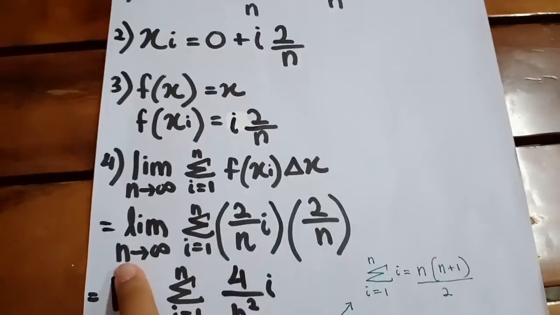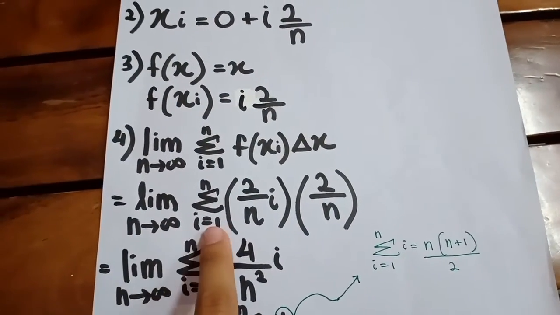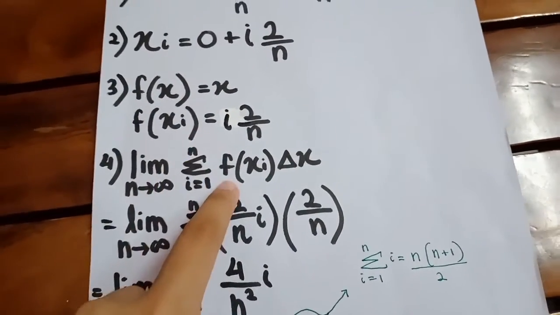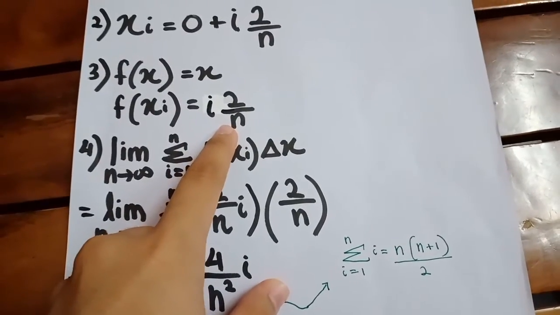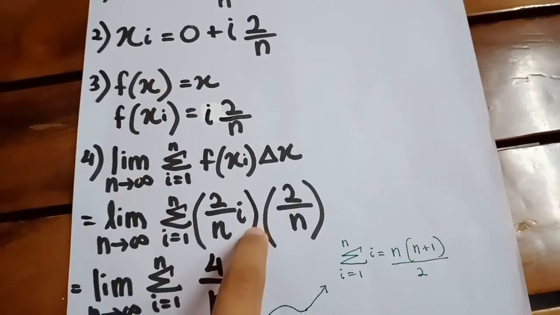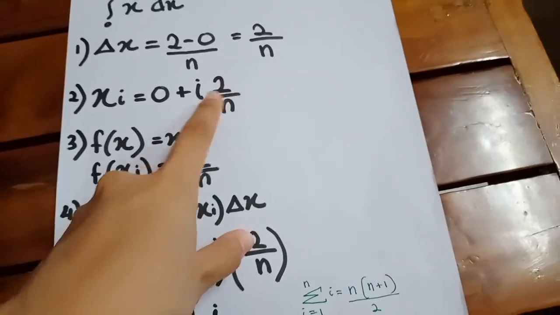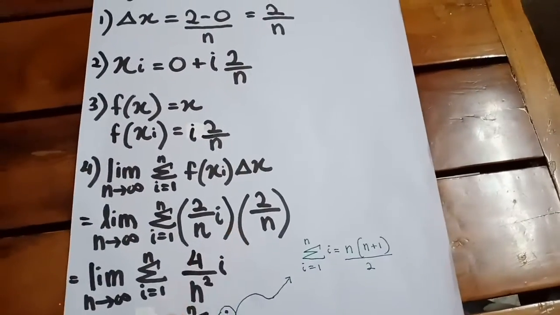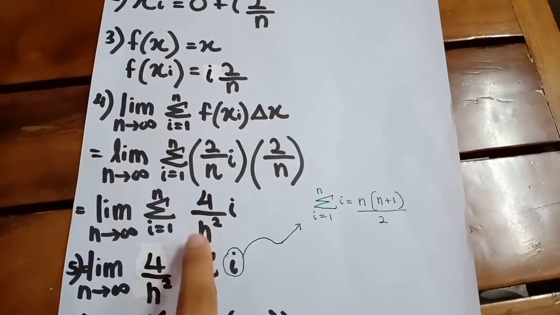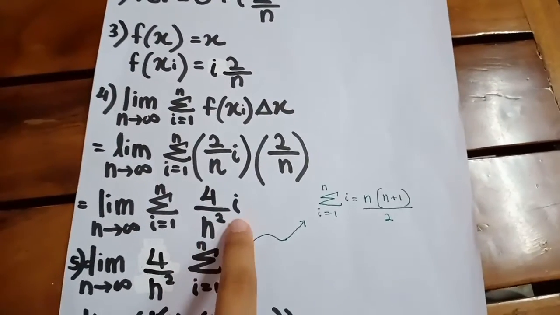We substitute the given f(xi), which gives 2 over n times i, times delta x, which is 2 over n. The answer is 4 over n squared times i.